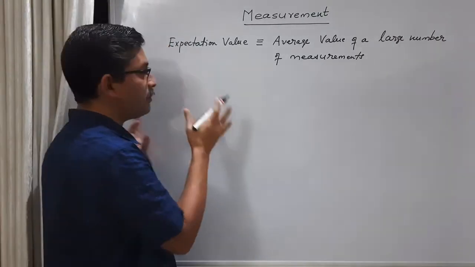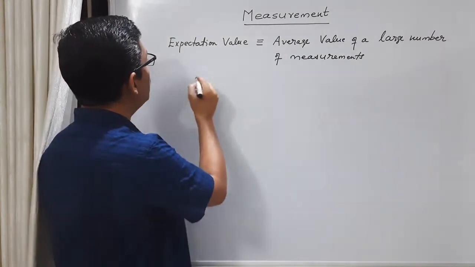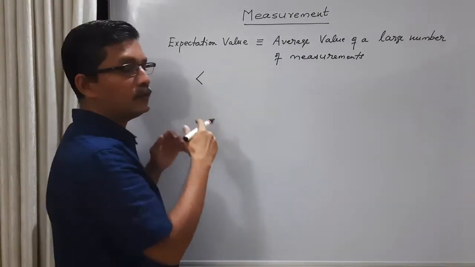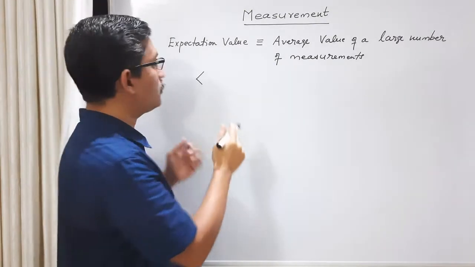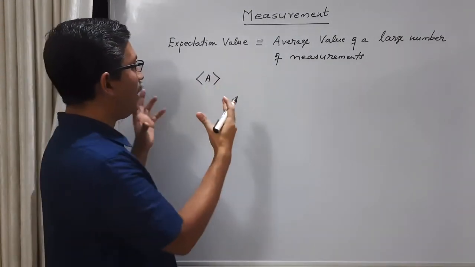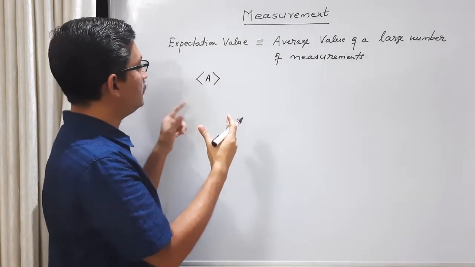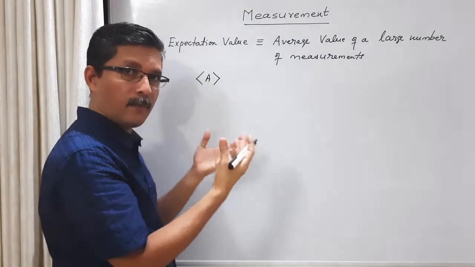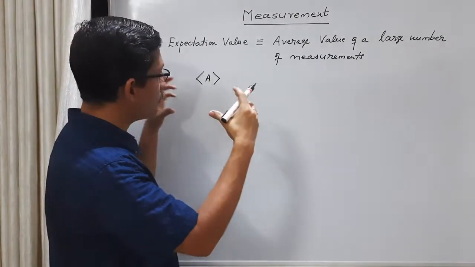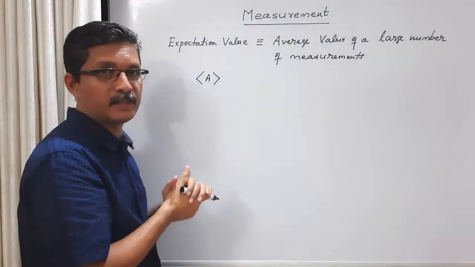Suppose we measure a physical quantity in a state ket alpha, then for the expectation value of the operator corresponding to the physical quantity, we use this notation. Suppose we are measuring the physical quantity A, and A also represents the operator corresponding to the physical quantity, then we put A in angular brackets. This is the symbol for the expectation value.